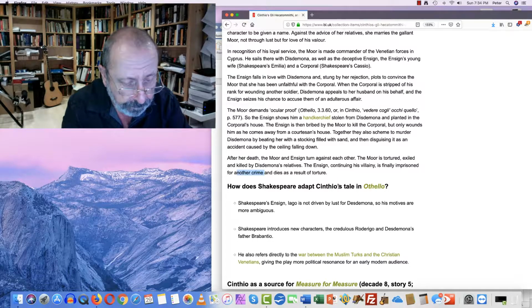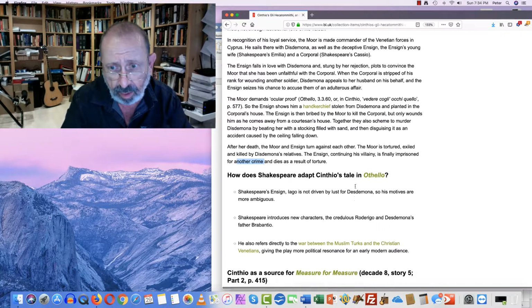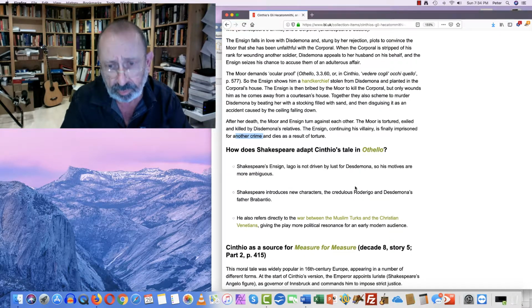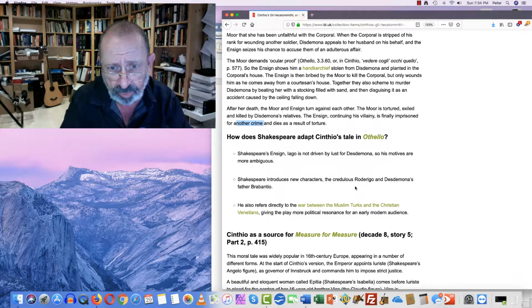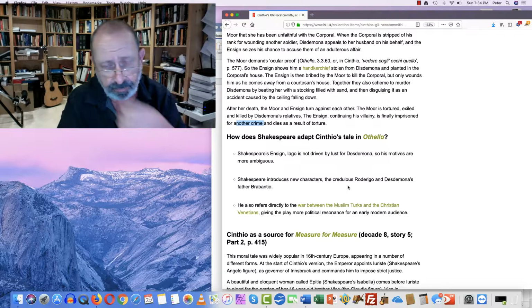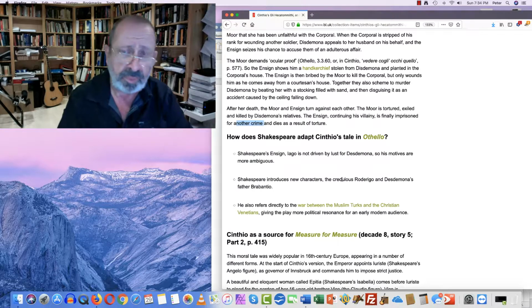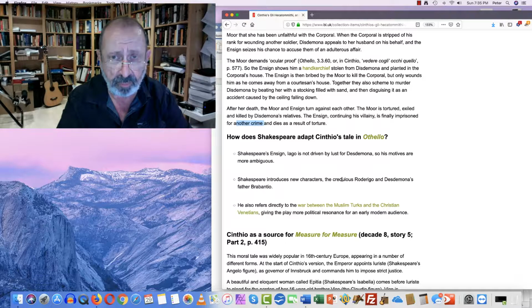So these differences are some clue about what Shakespeare was trying to do. And it's clear that he's trying to make Iago more complex. It's clear that he's trying to assign more responsibility to Othello for his actions.